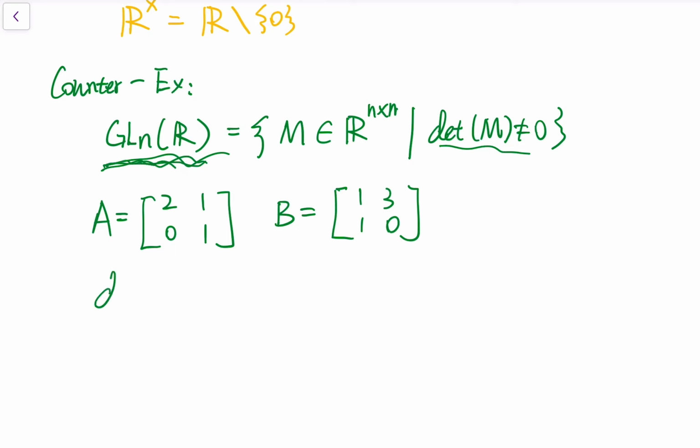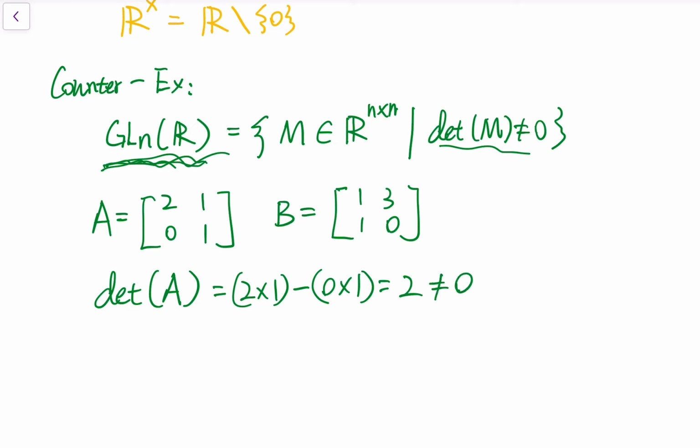The determinant of A is 2 times 1 minus 0 times 1, which equals 2. This is not equal to 0, which means A is in GL2R.